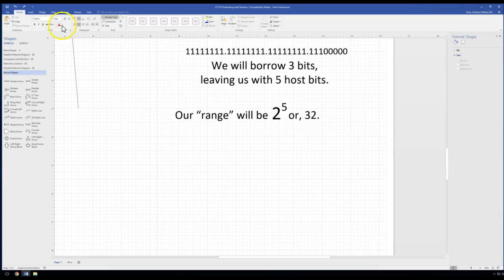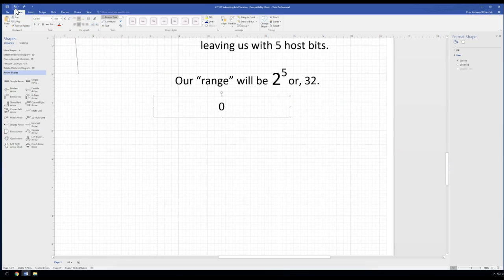So that's a range of 32, which means that we're going to be counting up and creating these new networks at 0, 32, 64, 96, 128, 160, 192, 224, and then 256 would be the next available number.